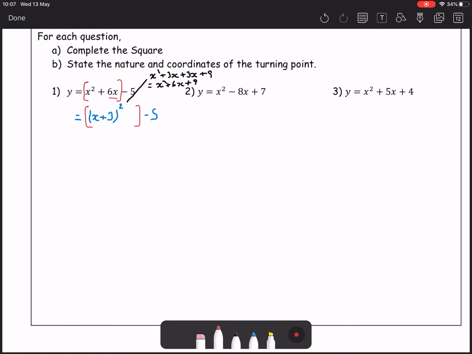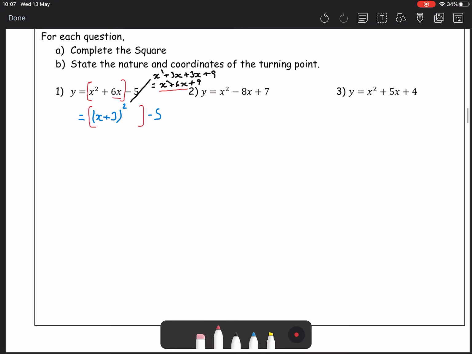As we see, that is very similar to our red square bracket. However, we have an additional plus 9 term where we have to correct ourselves by taking that away.